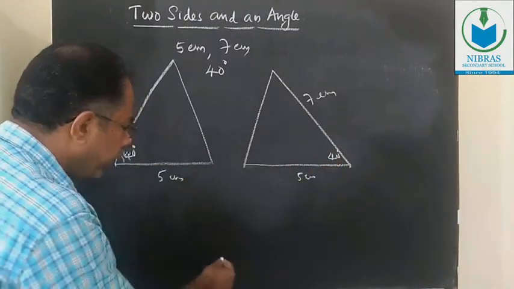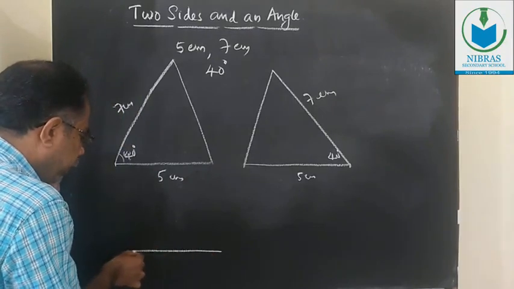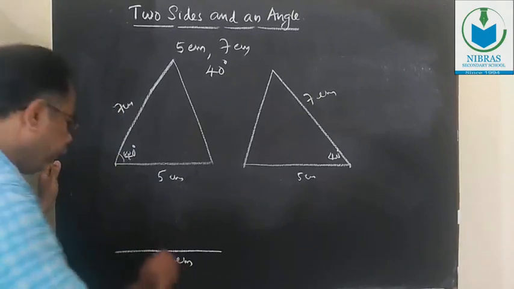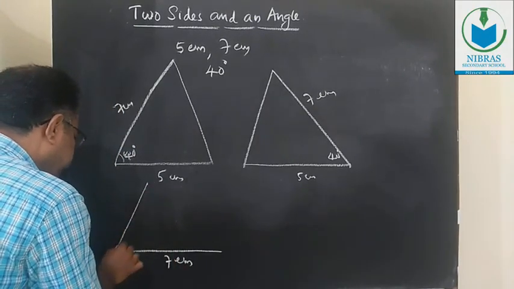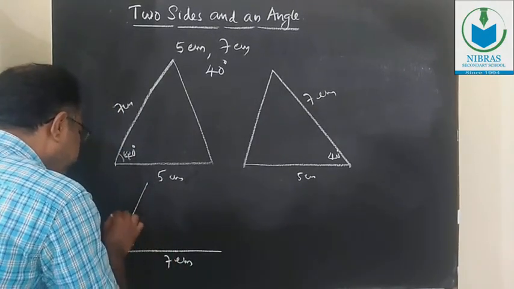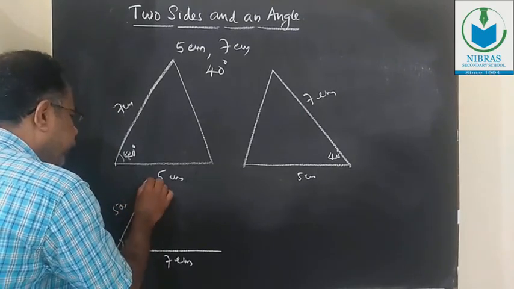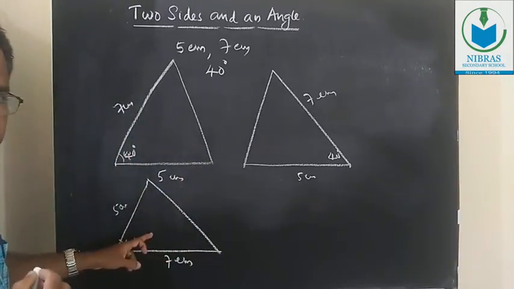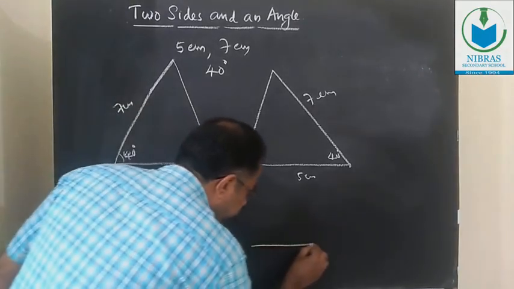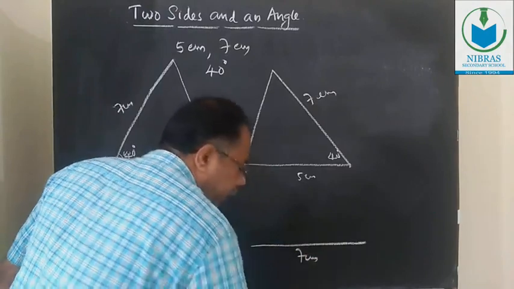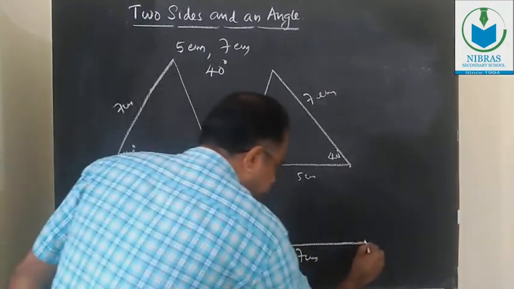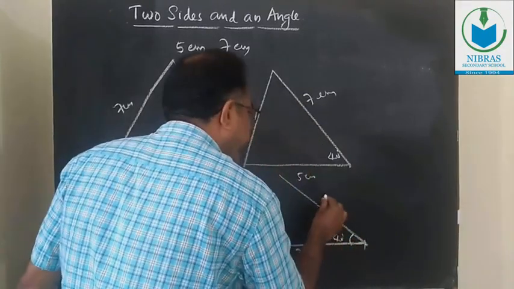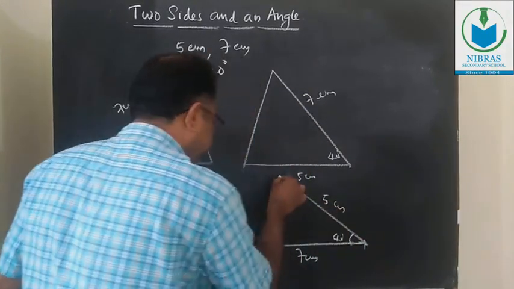In another method, we can draw the 7 centimeter side here. The 40 degree angle can be measured here. This is 40 degree angle, and this is 5 centimeter side. In another method, this is 7 centimeter, the 40 degree measurement is here, and this side is 5 centimeter.